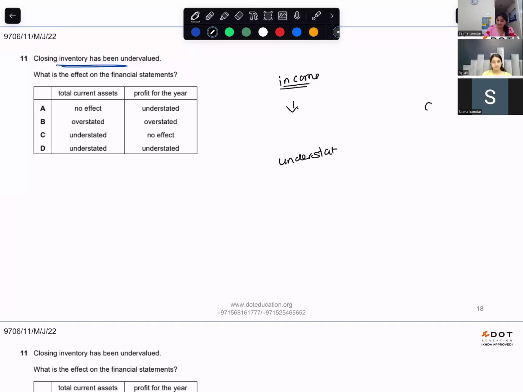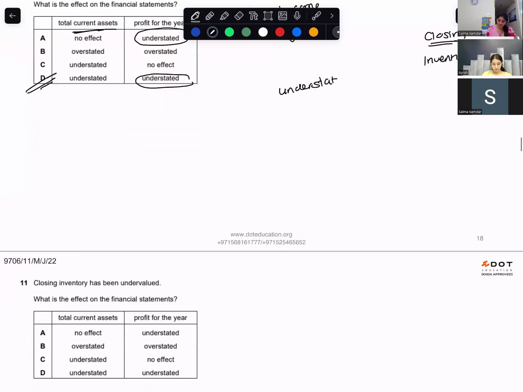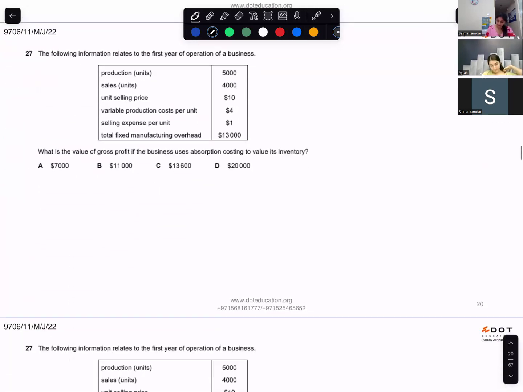And closing inventory is also treated as a part of your current assets. So if the closing inventory is undervalued, then the current assets will also be understated. Option D. Okay, next one.